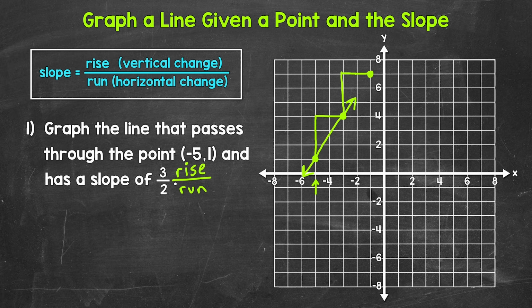And then one more thing to go off of this and think about, we can work our way left as well. So instead of working our way right by going up 3 and over to the right 2, we can go left by going down 3 and to the left 2.